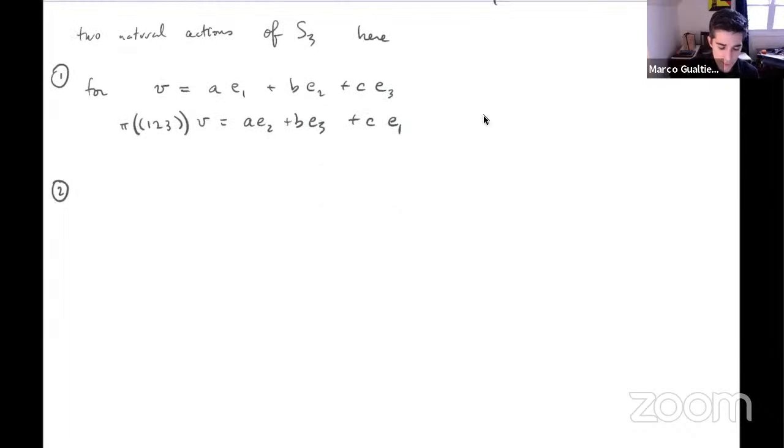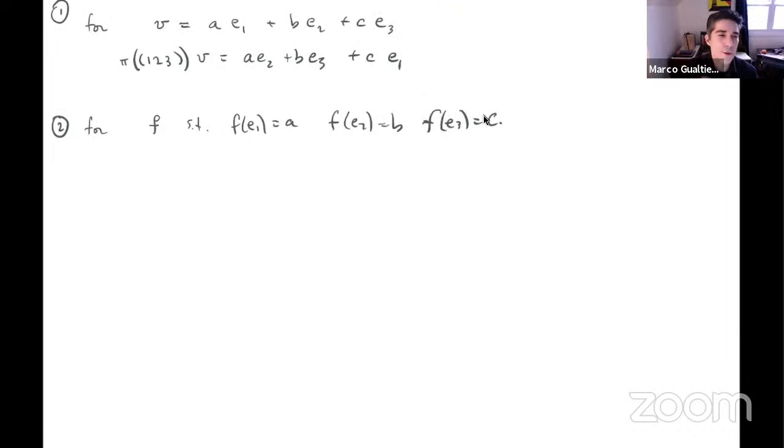In the other case, if we think of f such that f of e1 is a and f of e2 is b and f of e3 is c, there's another way of letting it act. Let me give it a different name: tau. Tau of the cycle 1, 2, 3 acts on f to give another function.